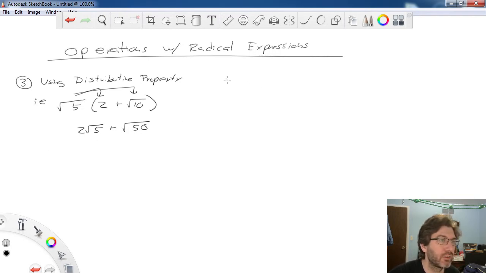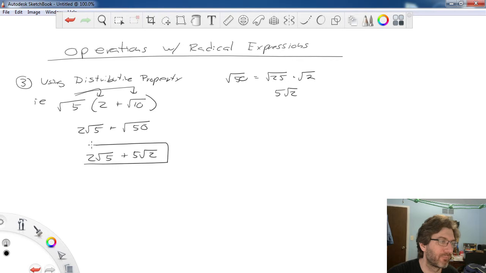We definitely have the square root of 25 in there, times the square root of 2. So 25 is going to be 5, square root of 2 stays, so it's going to equal 5 square roots of 2. So you have 2 square roots of 5 plus 5 square roots of 2. And you cannot combine them. Your radicals are not like. This is a square root of 5 and this is a square root of 2. Cannot combine them.